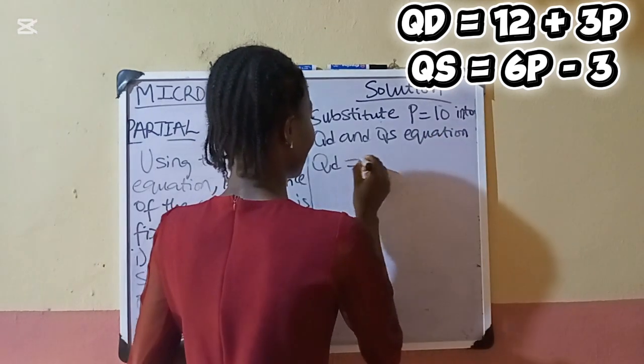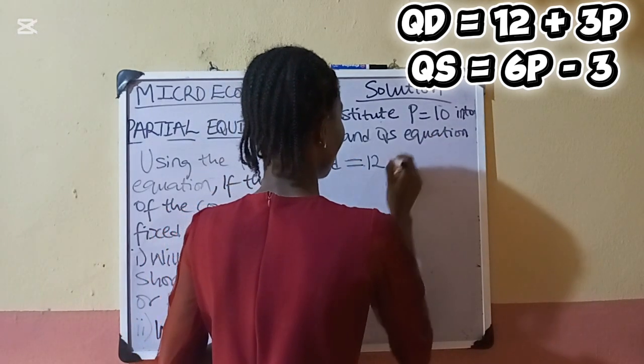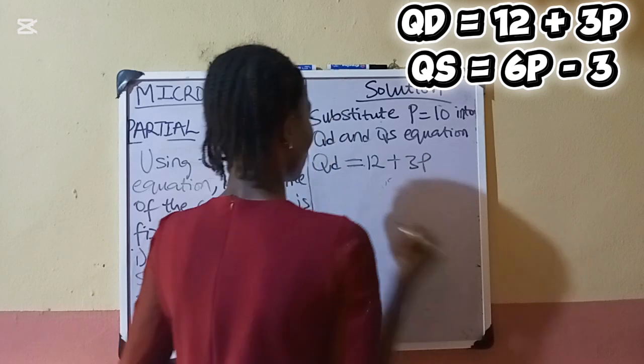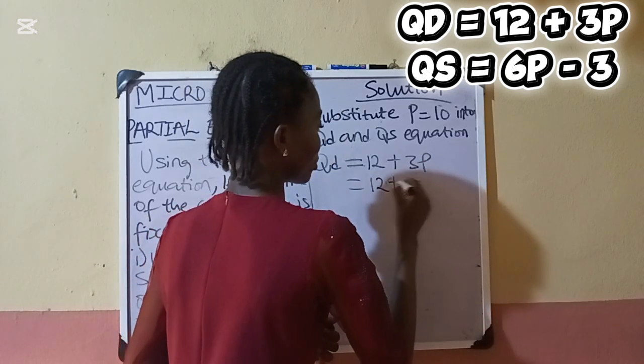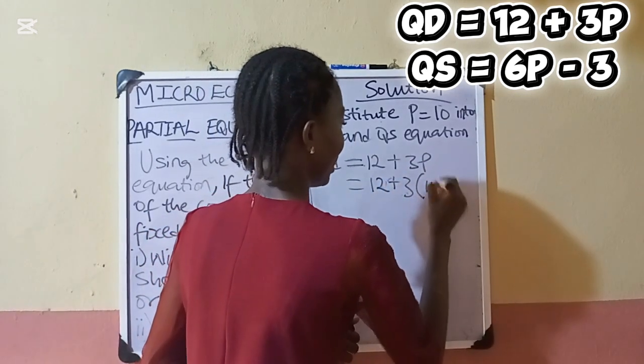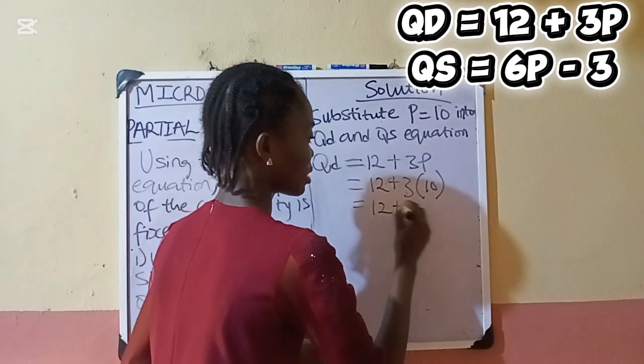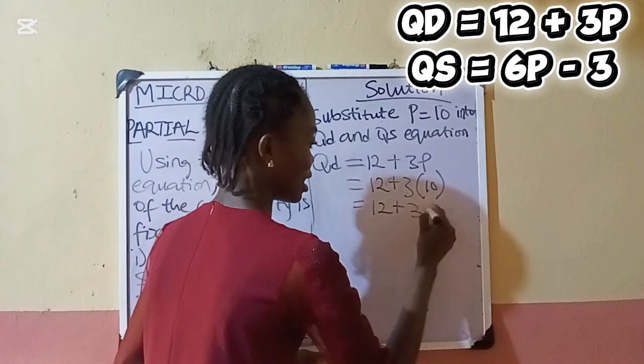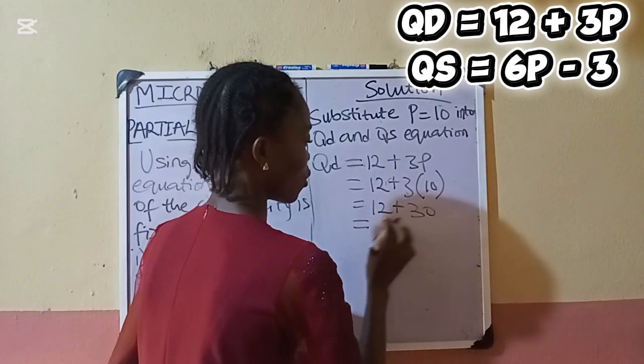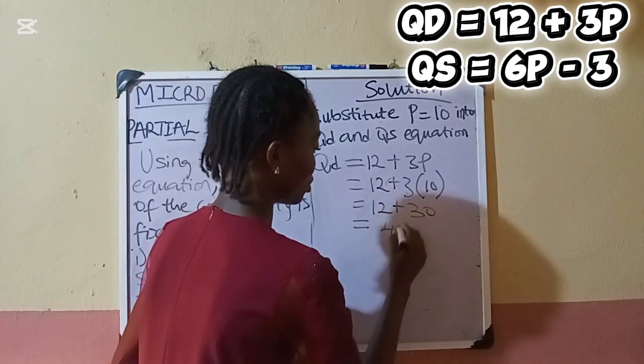And remember that our quantity demand equation is given as 12 plus 3p. Substituting, we have 12 plus 3 into 10. When you simplify, remember brackets first, you have 12 plus 3 multiplied by 10 gives us 30. When you simplify further, 12 plus 30 gives us 42.